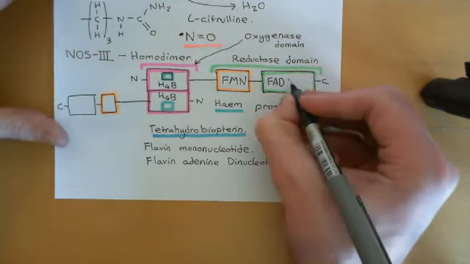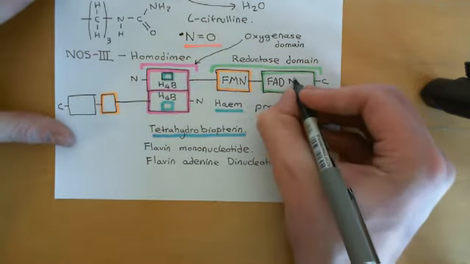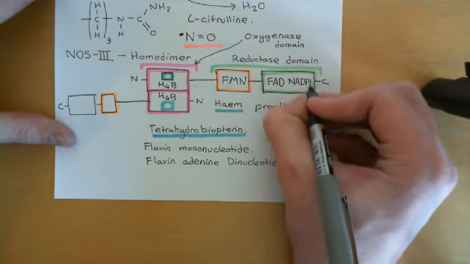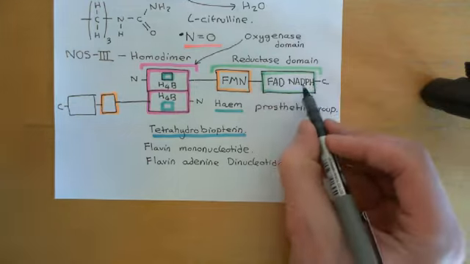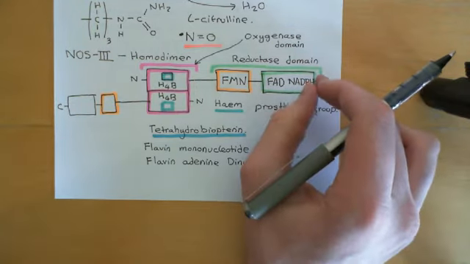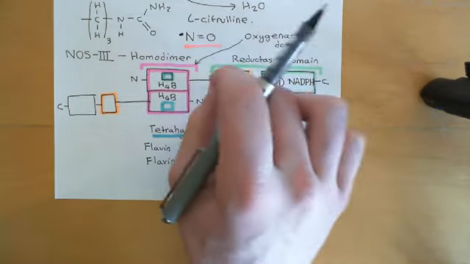And then finally, next to the flavin adenine dinucleotide binding site, you have a binding site for NADPH. This is where your electron donor is going to come in and bind, and effectively what then happens is an electron transport chain.